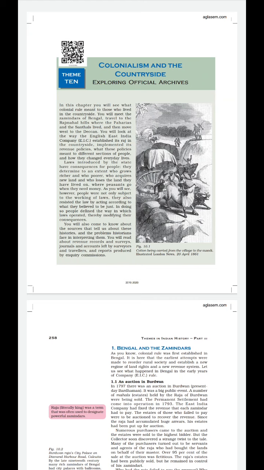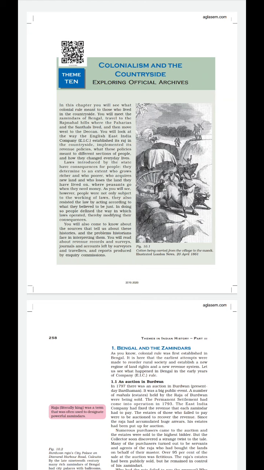Under this topic, we will study some subtopics like an auction in Bardhaman, the problem of unpaid revenue, why Jamindars defaulted on payment, the rise of Jotedars, the Jamindars resist, and the Fifth Report.